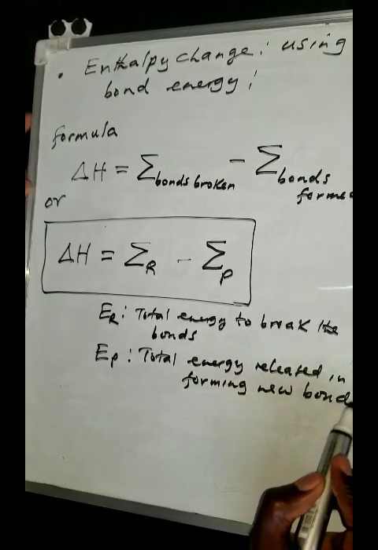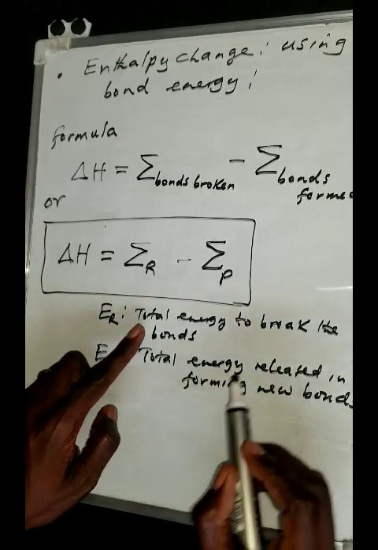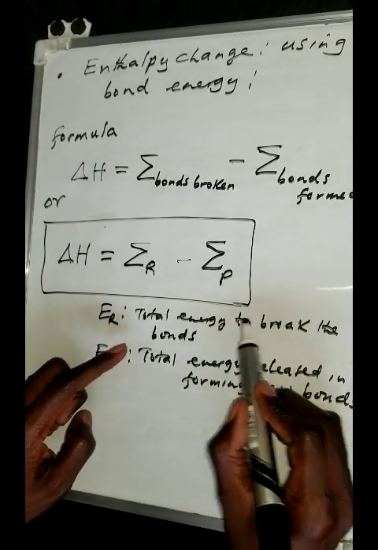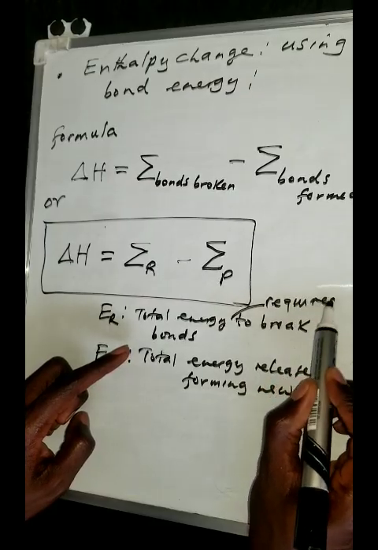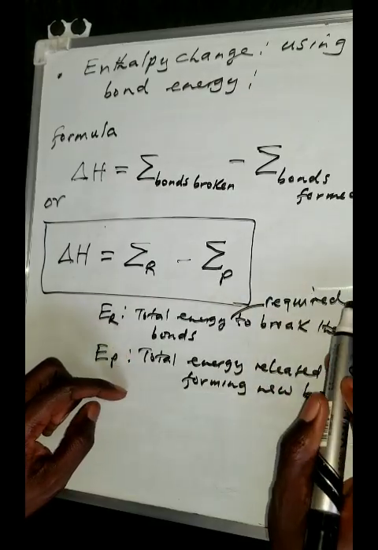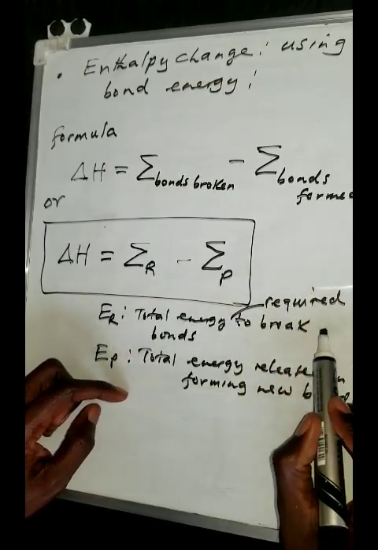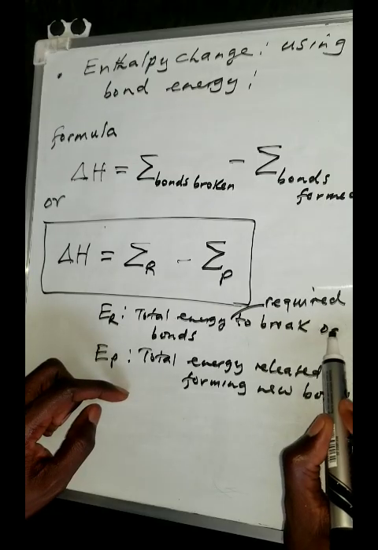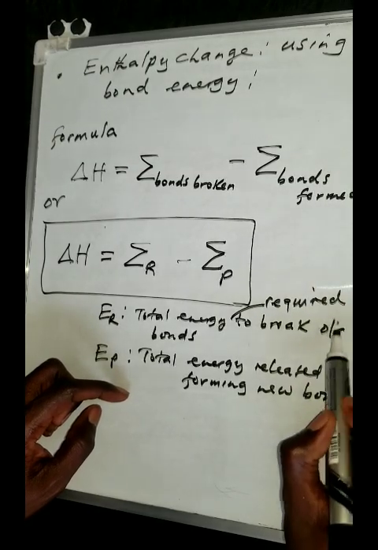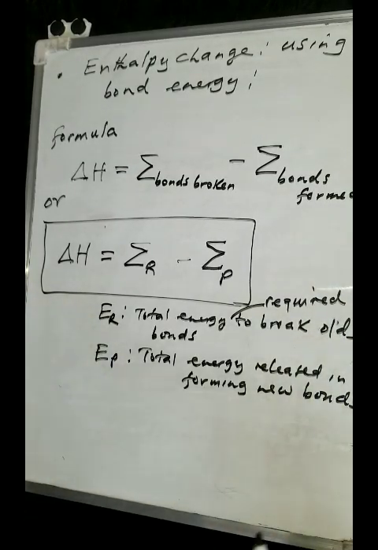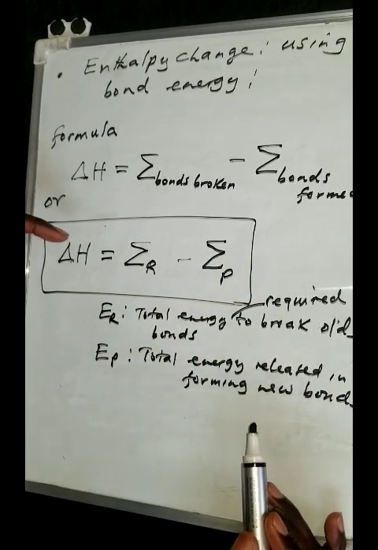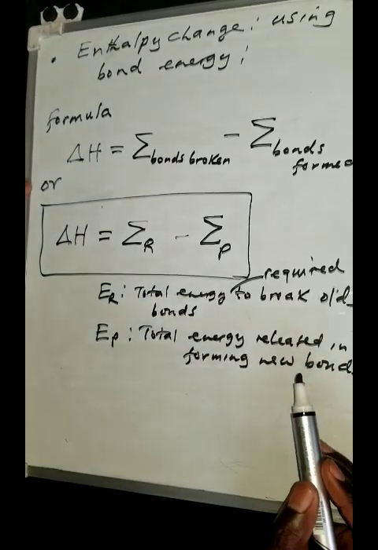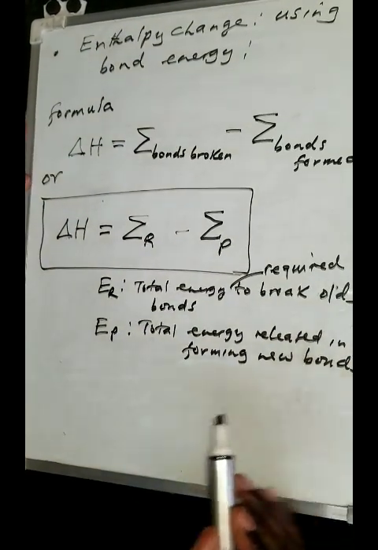So the total energy required to break the bonds, that is what we mean there. And of course, remember, our delta H is representing the enthalpy change, and that is what you need to remember.